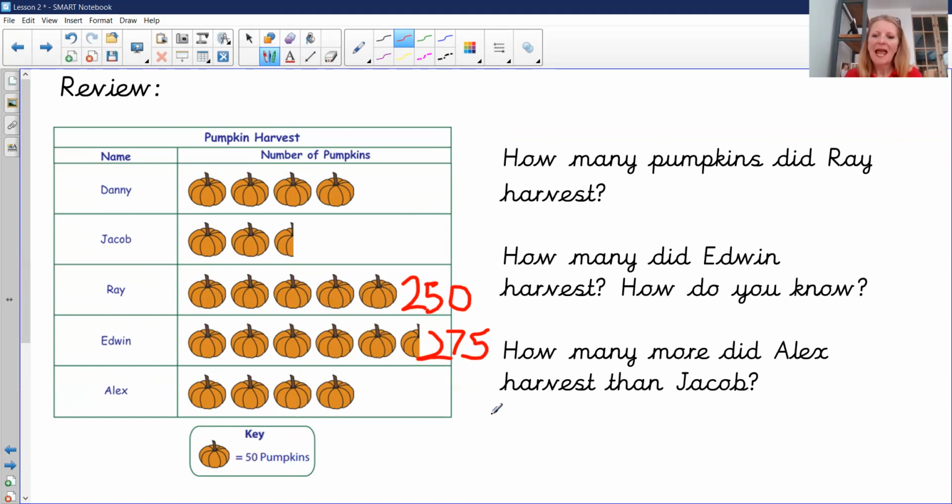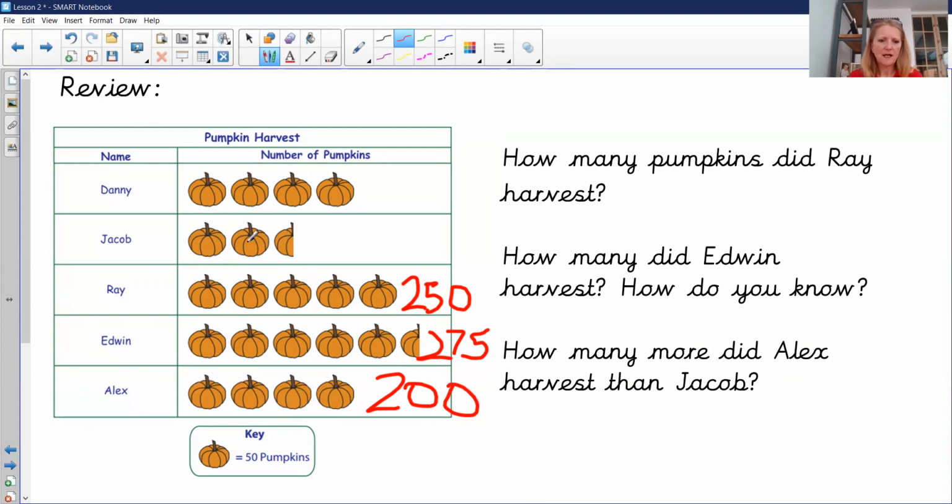Well done, Edwin. And how many more did Alex harvest than Jacob? That means we need to work out how many Alex harvested, how many Jacob harvested, and then work out the difference. So there's Alex at the bottom there. 1, 2, 3, 4 pumpkins. So that means 4 lots of 50, which would be 50, 50, 50, and 50, which is 200. And then Jacob, 2.5 pumpkins.